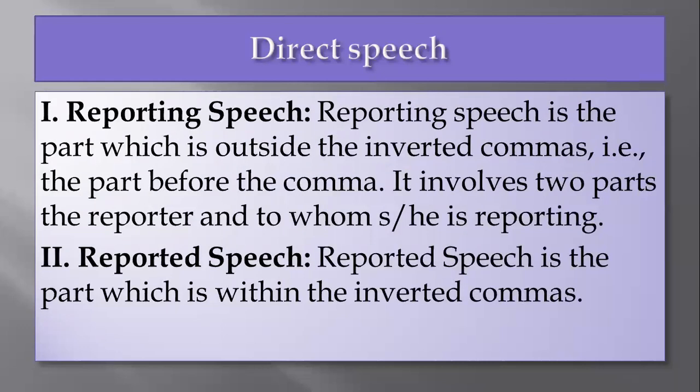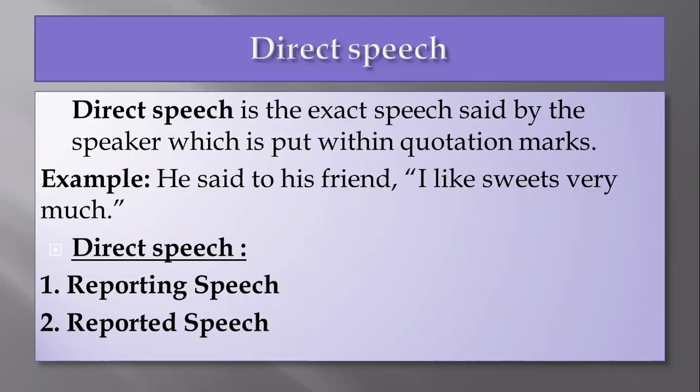Next, reported speech. Yes, reported speech is the part which is within the inverted commas. Dear all, let's again go backward. Here you see inside the inverted commas, I like sweets very much. This is the reported speech.